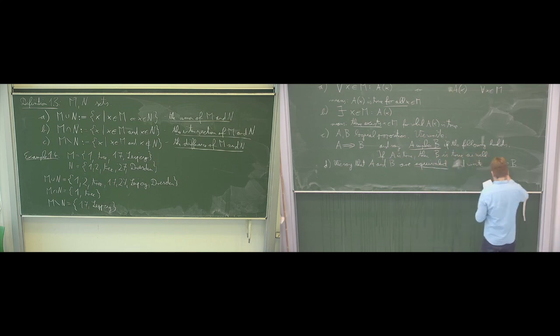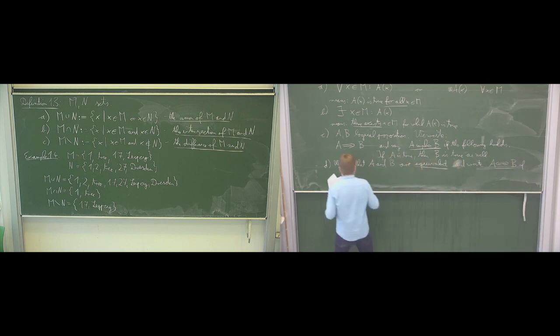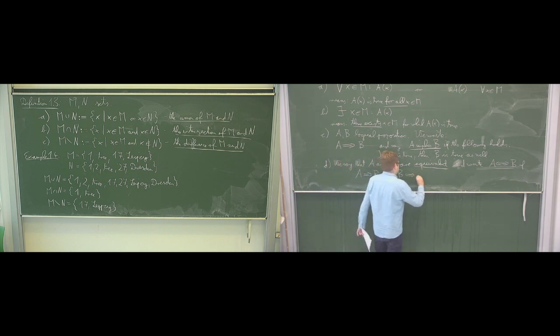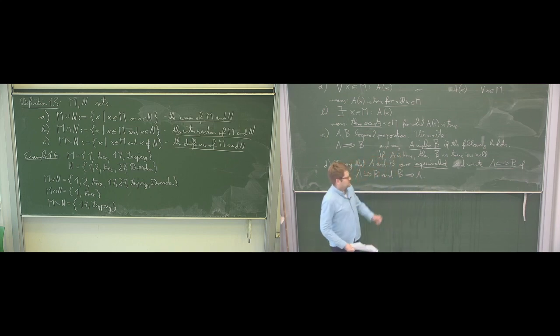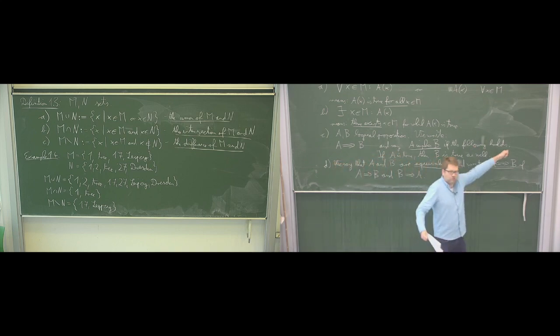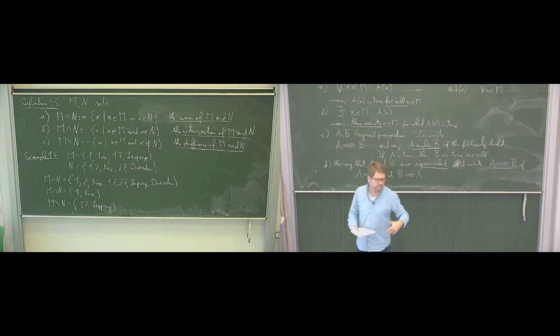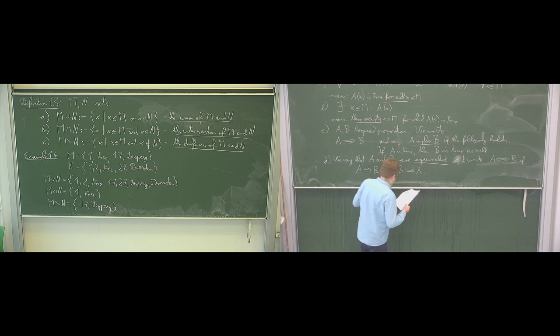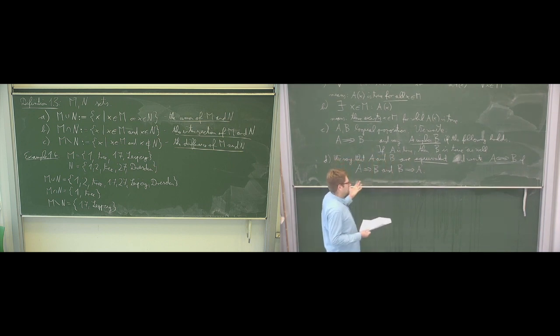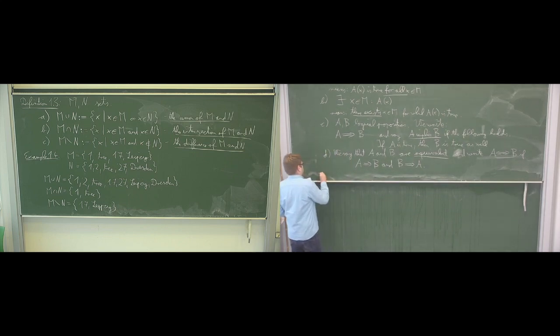A is equivalent to B if A implies B and B implies A. And this means that statement A is true if and only if statement B is true. So they're expressing the same thing, or they're describing the same fact.